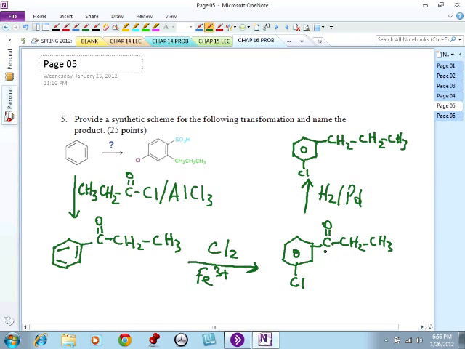So here the carbonyl gets reduced to a CH2, okay? Then I did sulfonation. Okay, then you do sulfonation, and for that you use SO3, sulfur trioxide, in the presence of sulfuric acid.